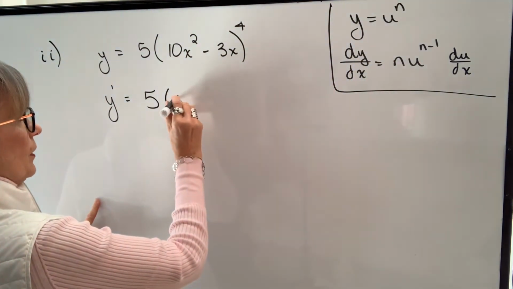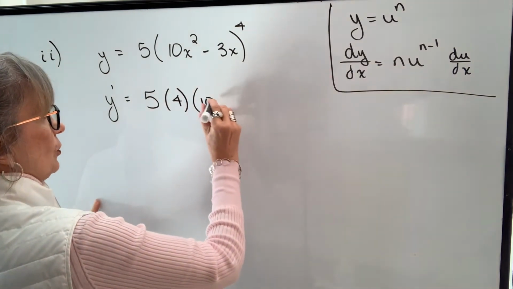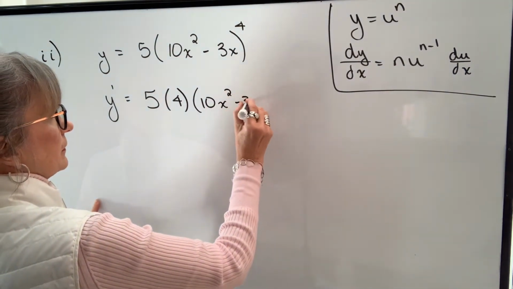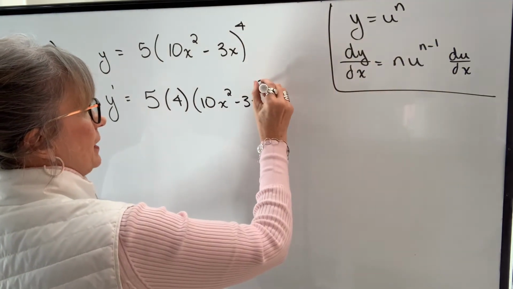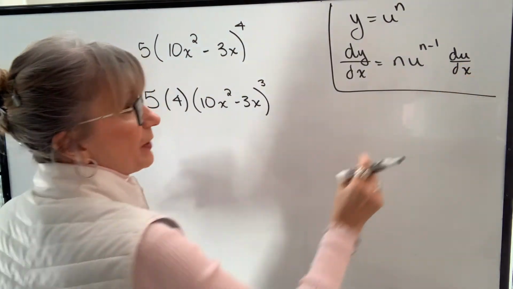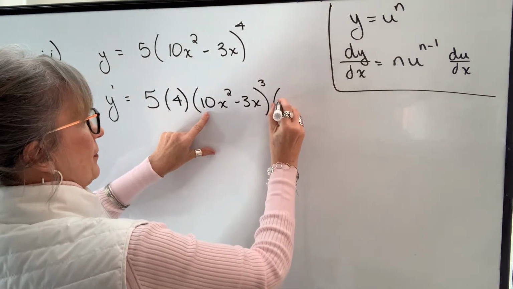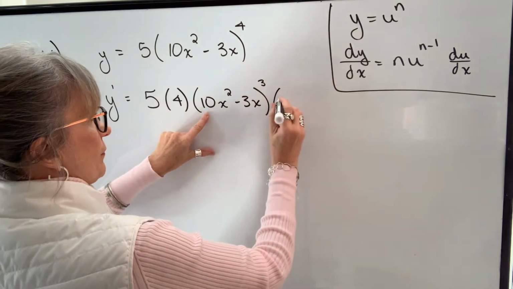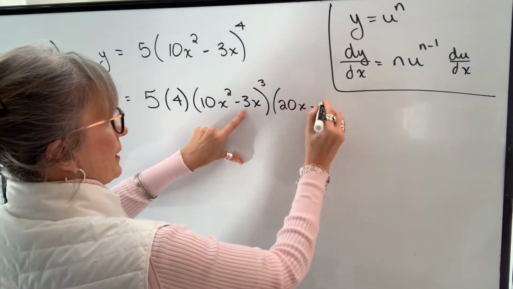So it will be 4, which is my n, times u to the n minus 1, so 4 minus 1 is 3. Don't stop there. Don't forget to multiply by the derivative of what's inside the brackets. So we need to multiply by the derivative of 10x squared, which is 20x, minus the derivative of 3x, which is 3.